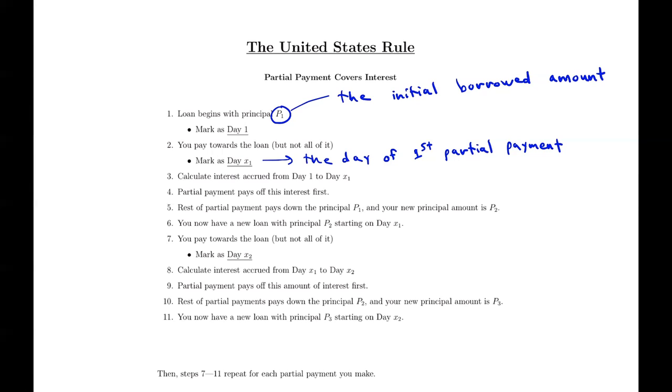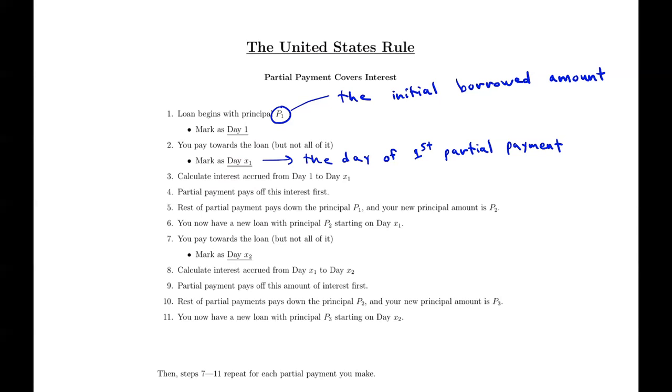Well, what we do is we calculate the interest that has accrued in between this time frame. So from the day that you first borrowed the money until the day of your payment, you're going to calculate the interest that accrued. And for us, we're just going to be dealing with simple interest. You theoretically could do it with compound interest.